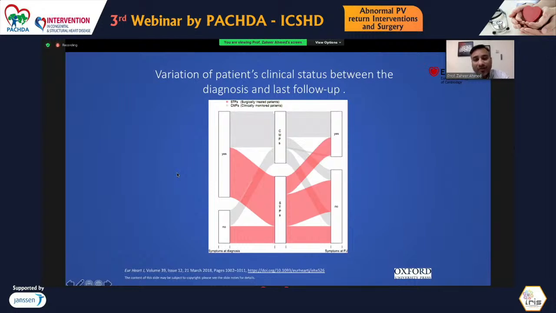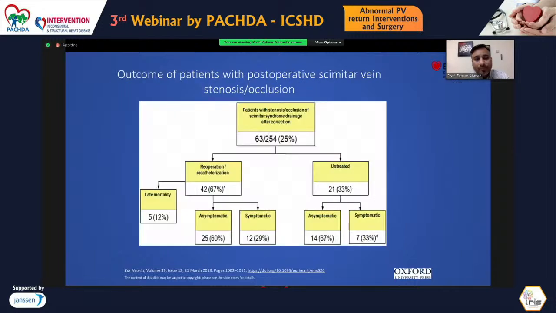Maybe they were left too late for their repairs. Also, regarding outcome of patients with postoperative scimitar vein stenosis, about 25% of patients developed this complication.